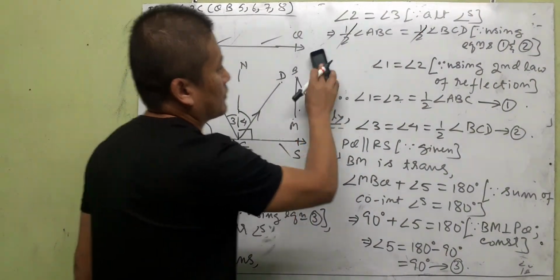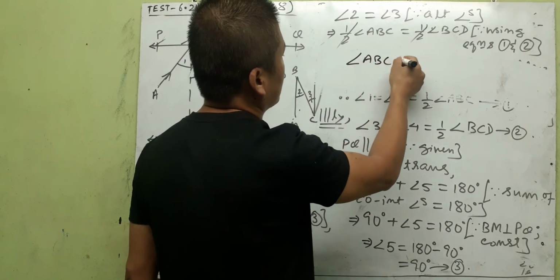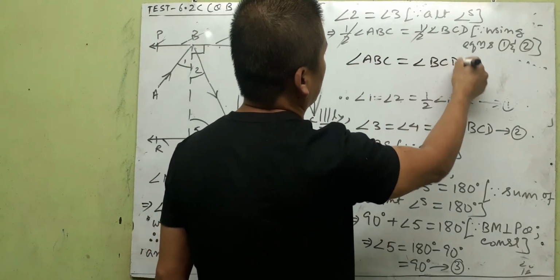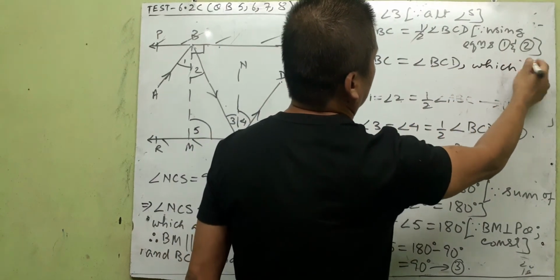So if you cancel these two halves, then we're going to get angle ABC is equal to angle BCD, which are what? Let us check properly.